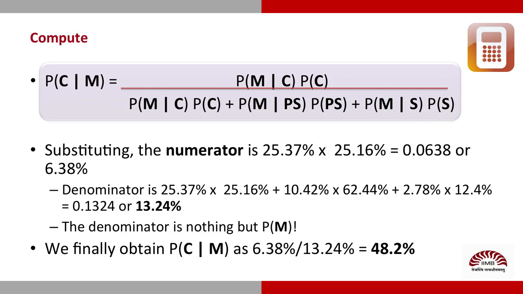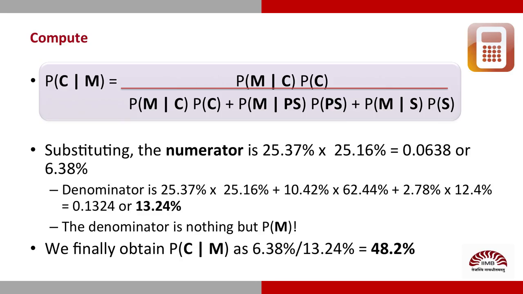We get the numerator as 25.37% times 25.16%. The denominator is a sum of three products. We could have simply worked with decimal expressions, but percentages give us a cleaner picture of probabilities. Did you know percent is per 100?